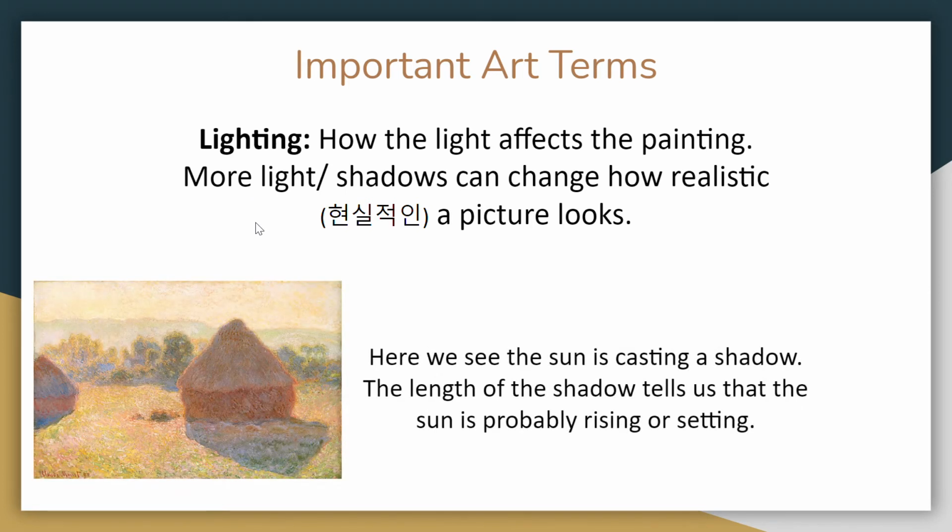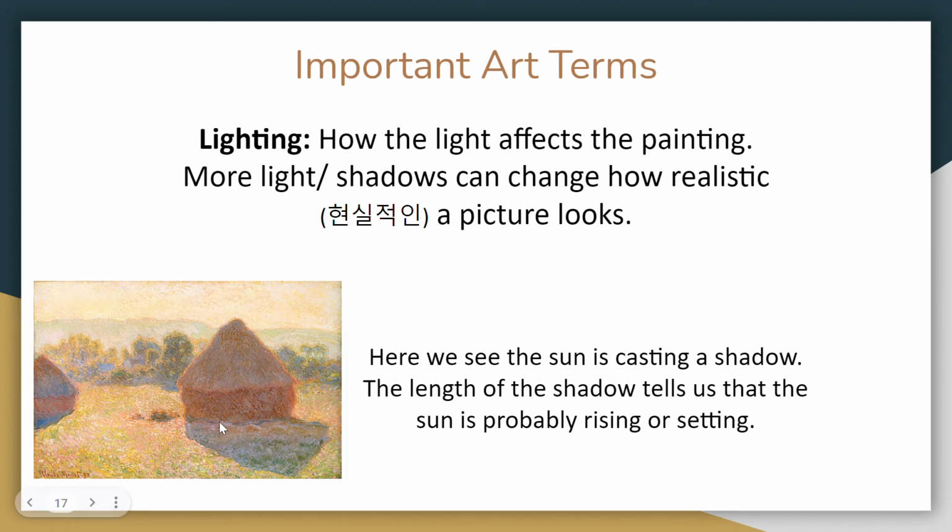Like in this painting, here we see the sun is casting a shadow, right? Here's the shadow the sun is casting. The length of the shadow tells us that the sun is probably rising or setting.